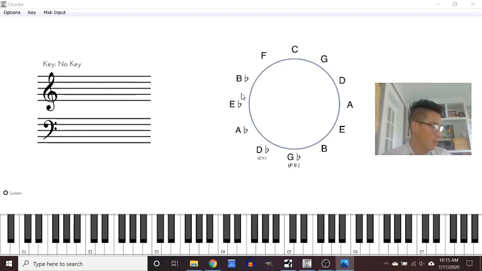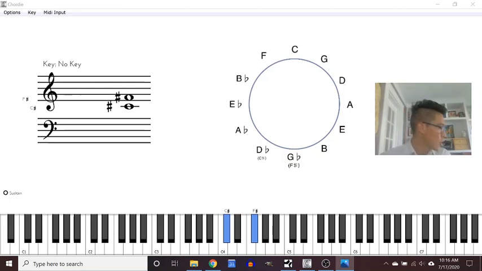And if we keep going, B flat to E flat is another fourth. E flat to A flat, another fourth. A flat to D flat, I'll change octaves. And then D flat to G flat. You can see that distance of a perfect fourth, and you can hear it moving from step to step.